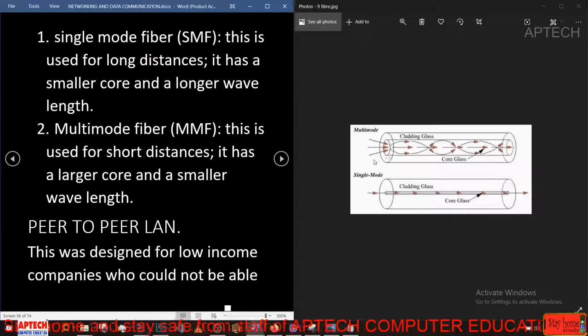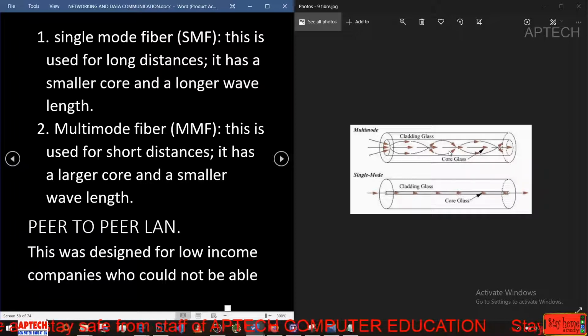As you can see, there are two main portions of the fiber optic cables: the cladding glass, then the core glass. Most of the time they just put cladding and core. Cladding is made of different materials which are supposed to protect the light from getting out of the core, which is this main area.